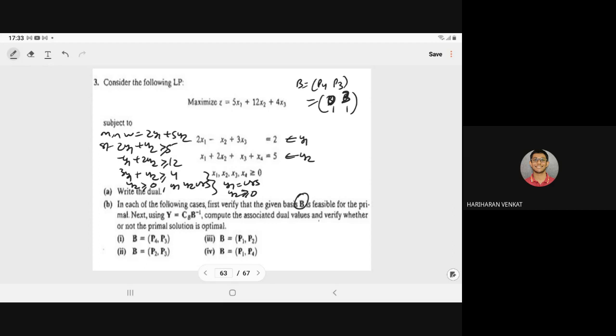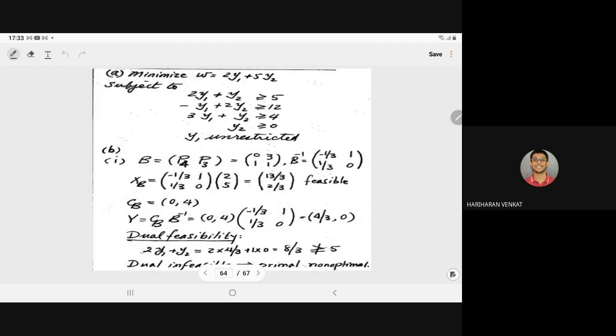So now for the feasibility, you can solve the equation 3x3 = 2 and x3 + x4 = 5, and x1, x2 are the non-basic variables, so they are at the zero level. This solution will exist when you can compute the inverse, that is, the determinant is non-singular.